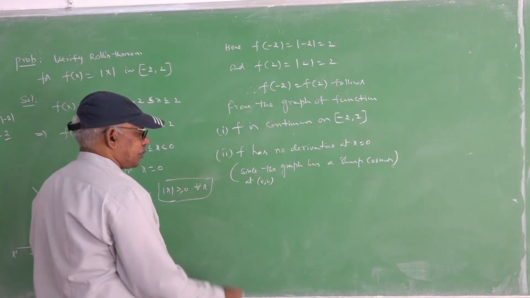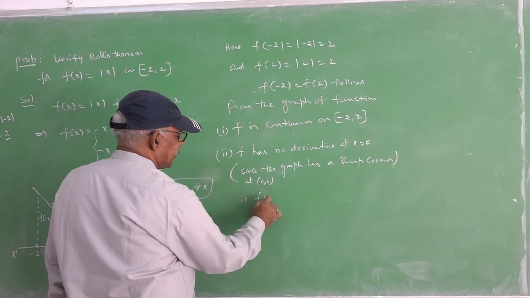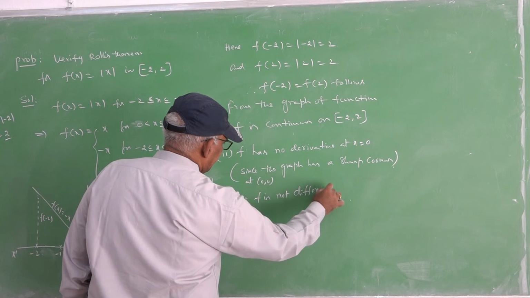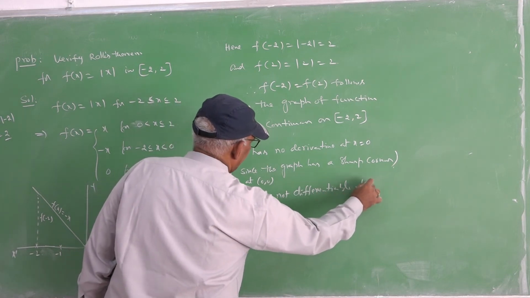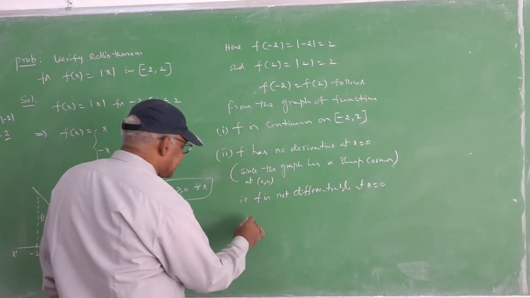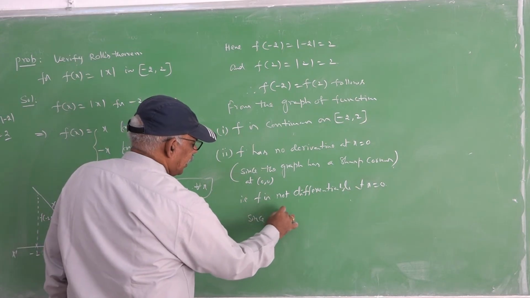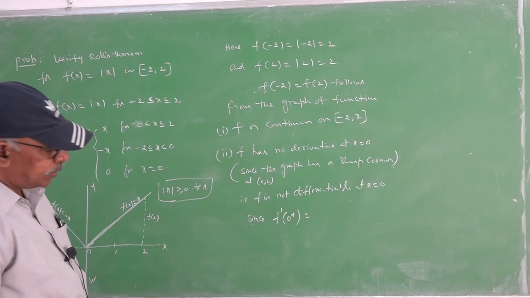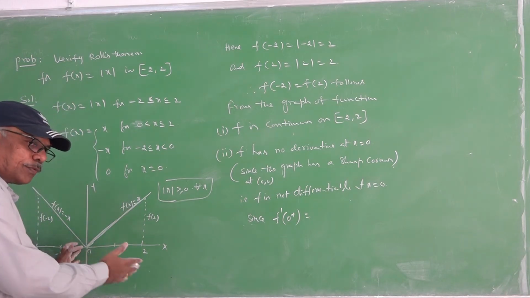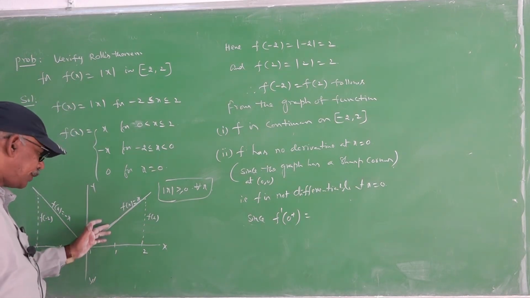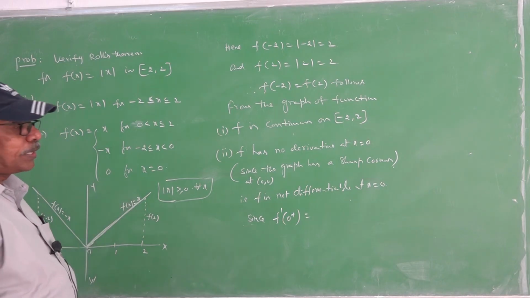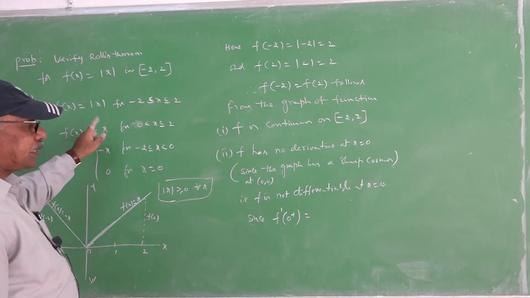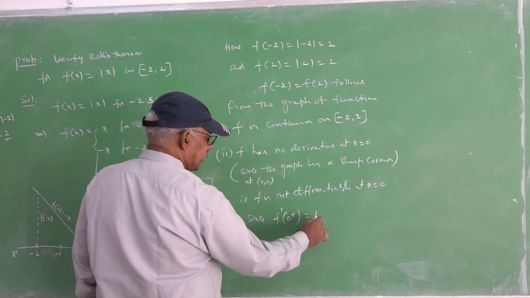It's not differentiable. That is, f is not differentiable at x equal to 0. Since f dash of 0 plus, the derivative at 0 plus, to the right of 0, the derivative is 1, because to the right of 0 the derivative of x is 1.